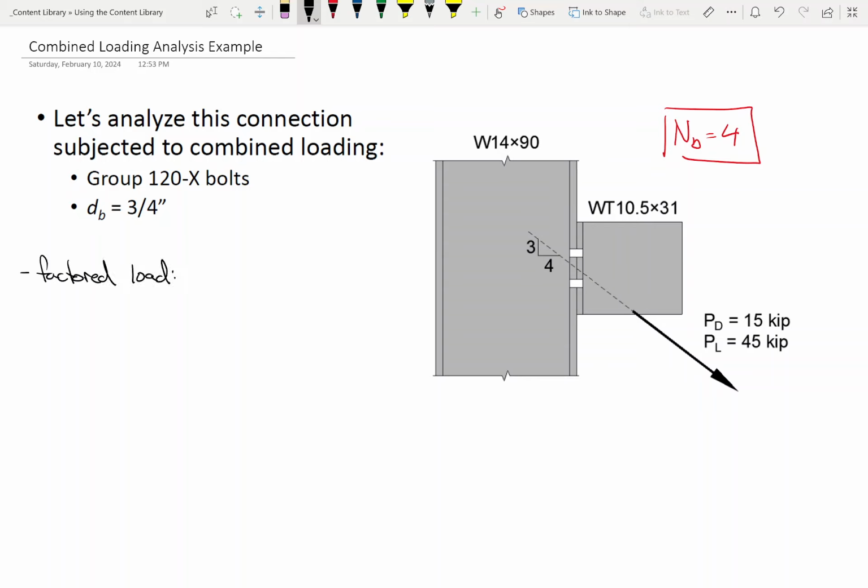So the first part is really just dealing with the loads and the stresses and the analysis side of things. First off, let's deal with the factored load.